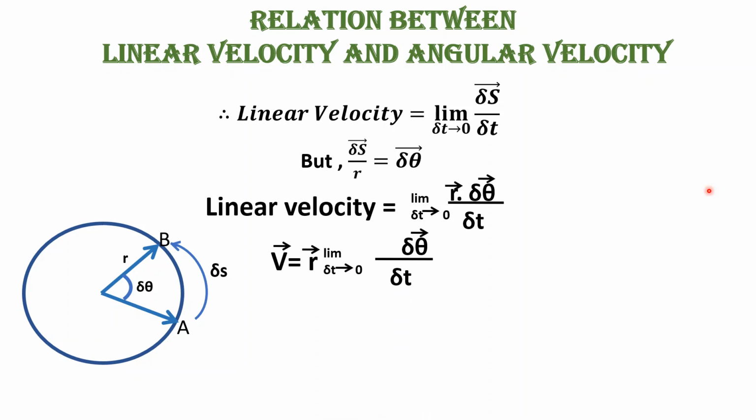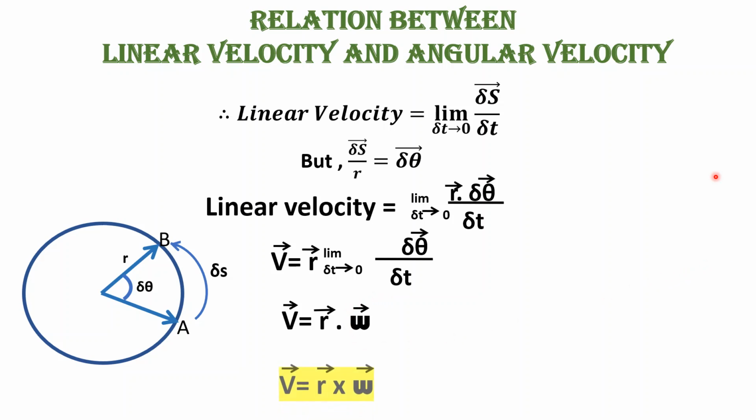So linear velocity, vector v, is equal to vector r times limit delta t tends to 0 of vector delta theta upon delta t. This term, limit delta t tends to 0 of delta theta upon delta t, is nothing but d theta by dt, and that is nothing but the angular velocity omega.